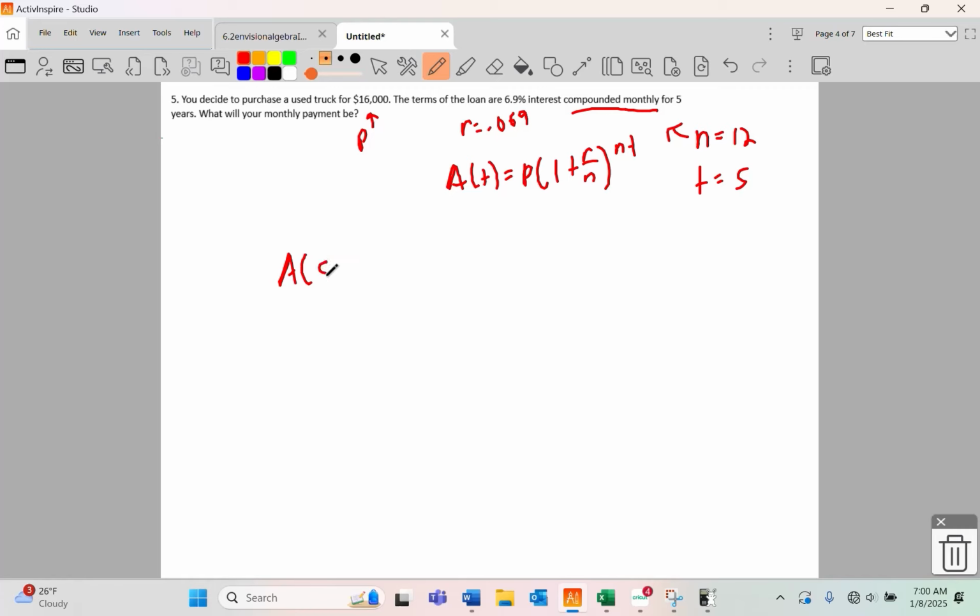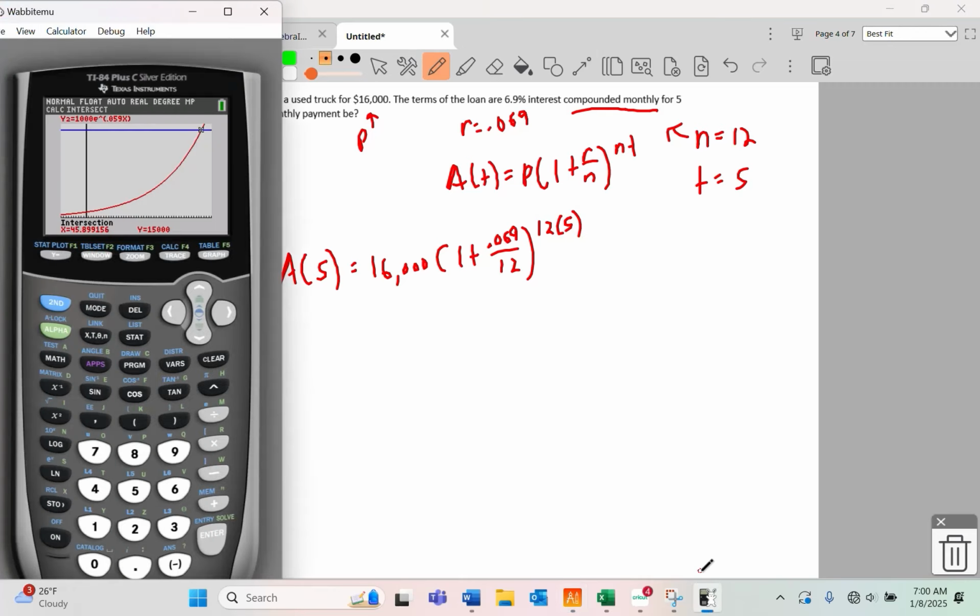So what we're going to do is figure out the amount you owe in 5 years. So t is 5, A sub 5, the amount in 5 years, is the principal of 16,000 times 1 plus r, 0.069, over 12 months per year, raised to the nt. And that's what I'm going to push buttons on in the TI-84. 16,000 times 1 plus 0.069 over 12.